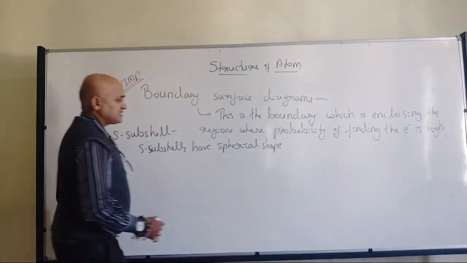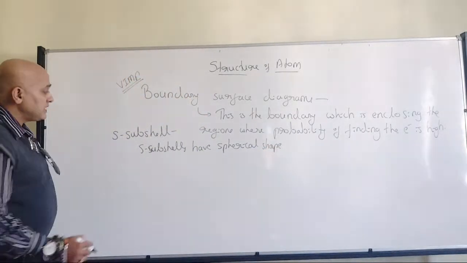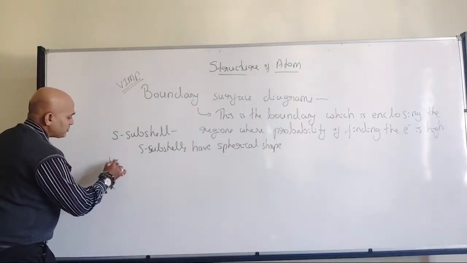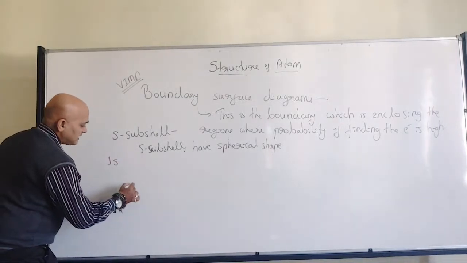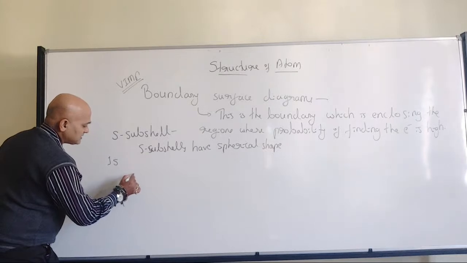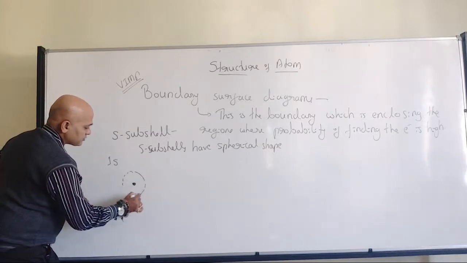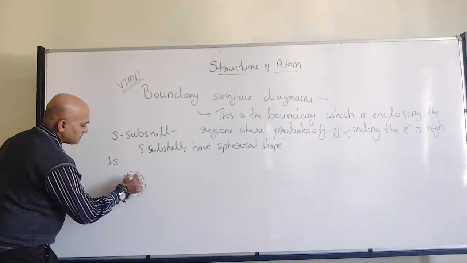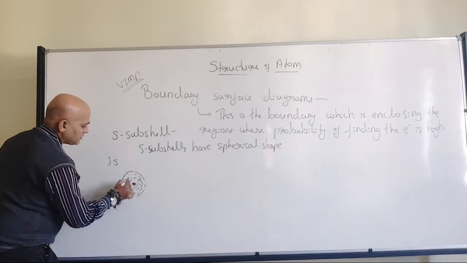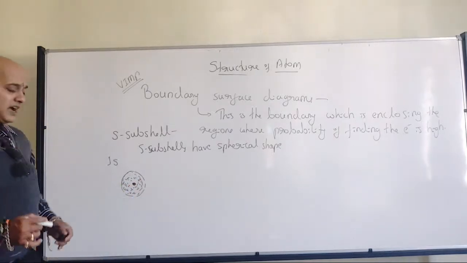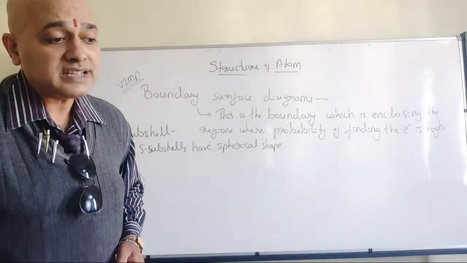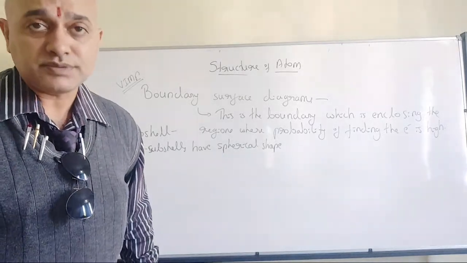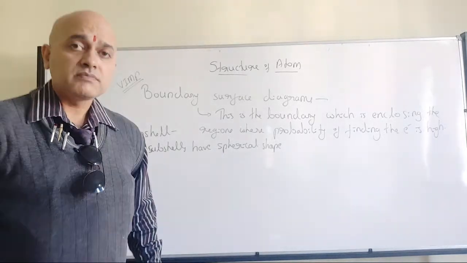That will be your first sentence. Now, if they ask about 1s, then you should show the nucleus, then show the line inside which we have to fill the dots. So this is the boundary surface diagram for S subshell.